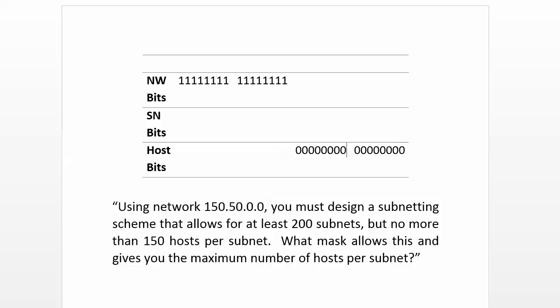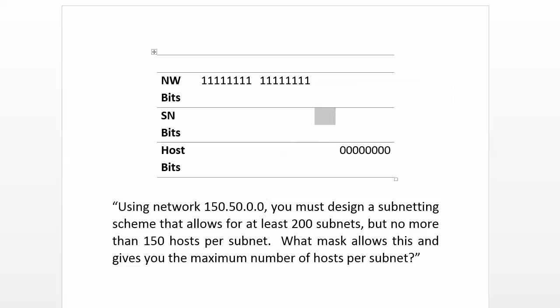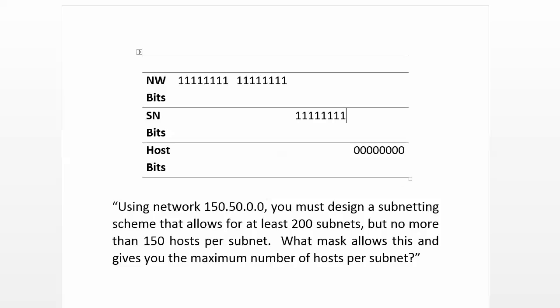So this mask, getting rid of those, and I like this because it really illustrates what's going on with our subnetting. We're borrowing those host bits and turning them into subnet bits by putting a 1 in there. So that meets the first requirement. So are we done? Is the mask 255.255.255.0, or is it /24?